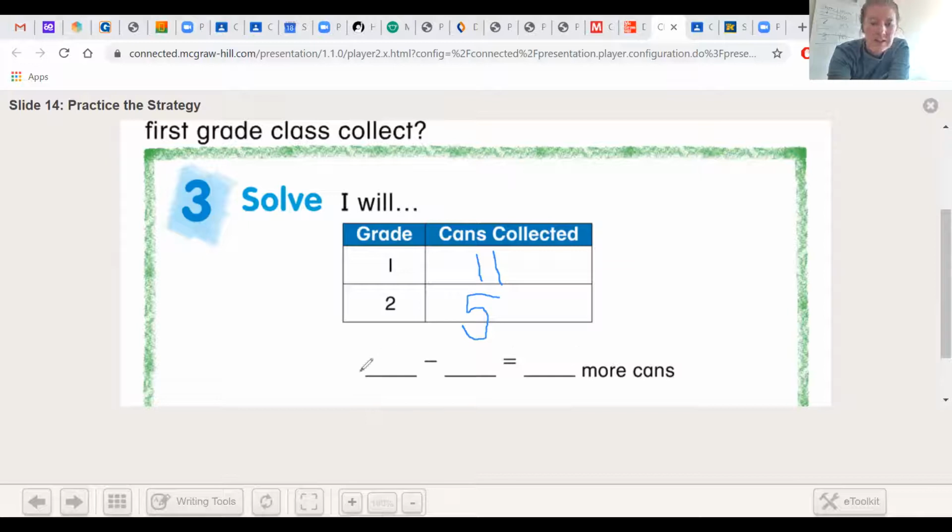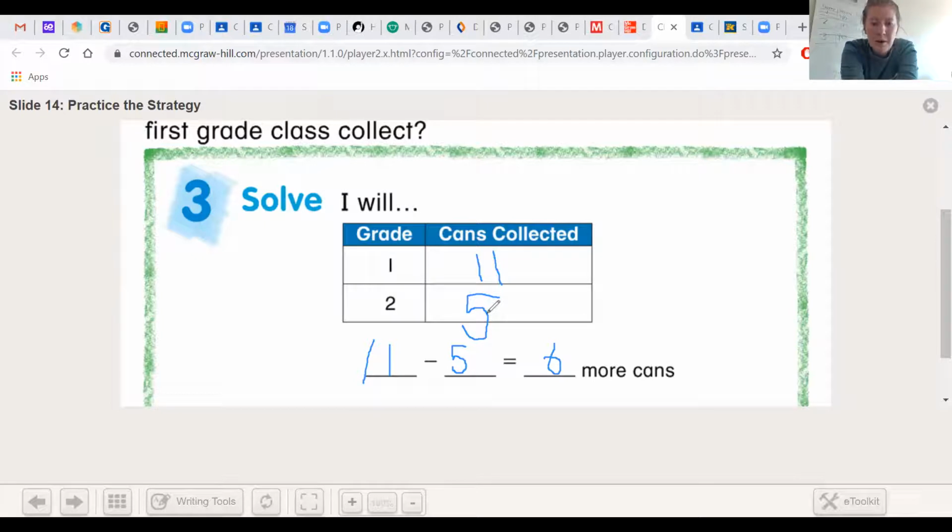In order to find the difference, I take the big number and I subtract the little number. 11 minus 5. Could I use doubles to help me? I know that 5 and 5 make 10. So 5 and 6 make 11. The first grade class collected 6 more cans. Good.